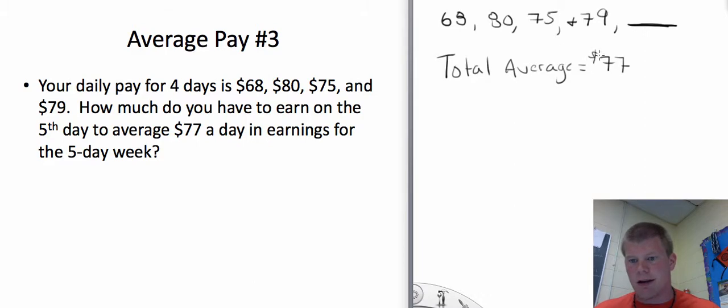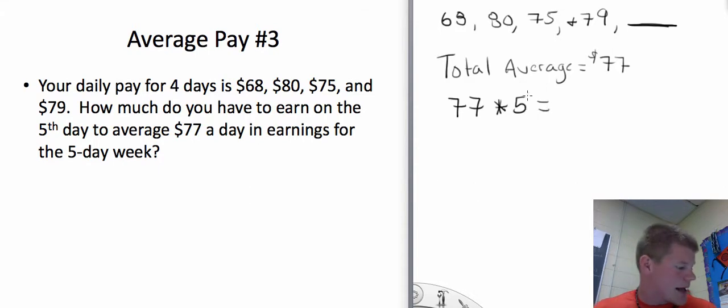That's what our final answer's got to be: when we average all of our answers up, it has to average 77. Because we know that we have a 5-day week, and we know 4 of the values, we can take 77, which is our average, and multiply that by 5, and that gives us an answer of 385.